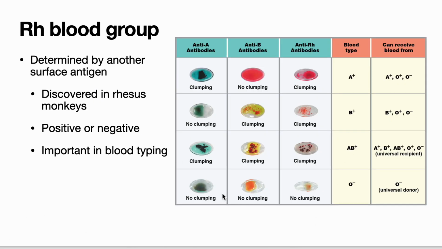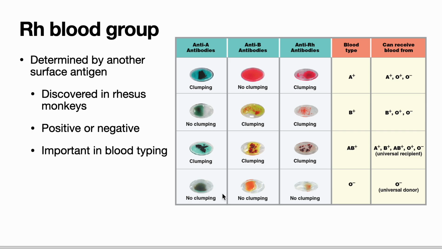So what we can do to determine blood type, if we have a mystery blood sample, if we put anti-A antibodies and nothing happens, then we know that there's no A antigen on that blood, because if there was, it would have clumped, right? So when you do blood typing, whatever clumps, that's the positive result.